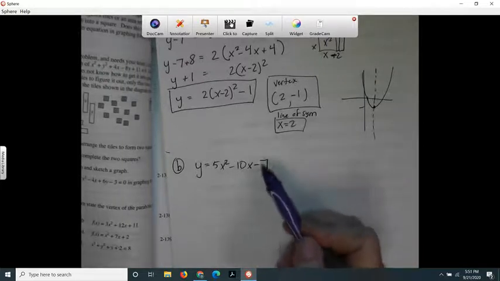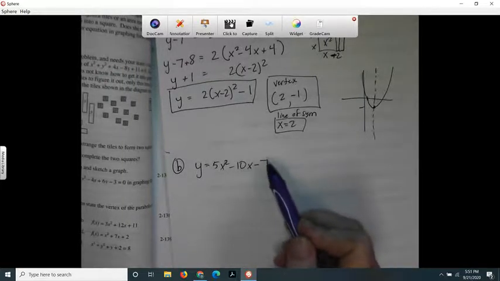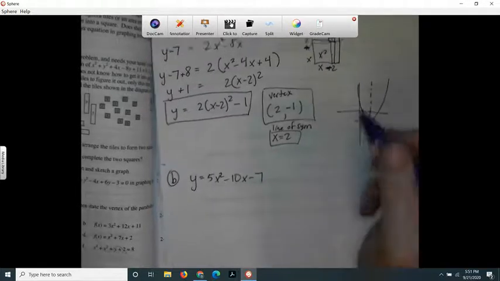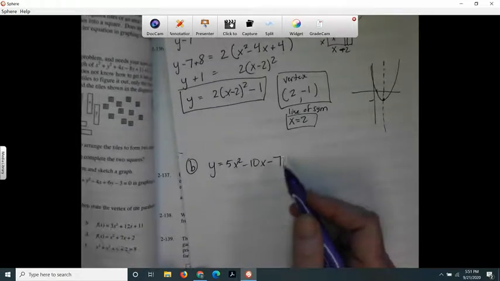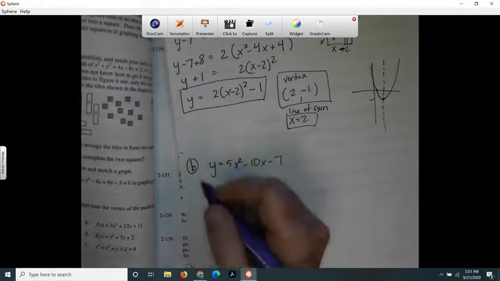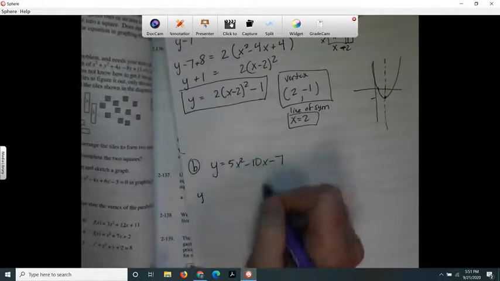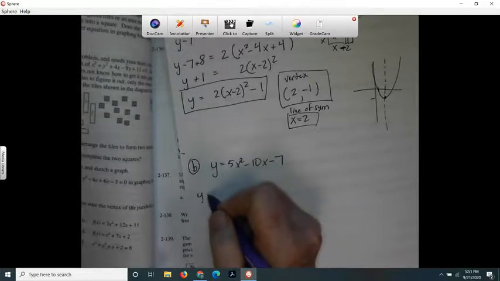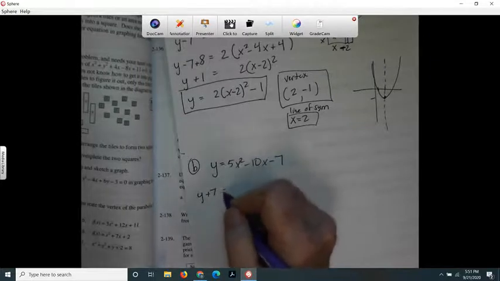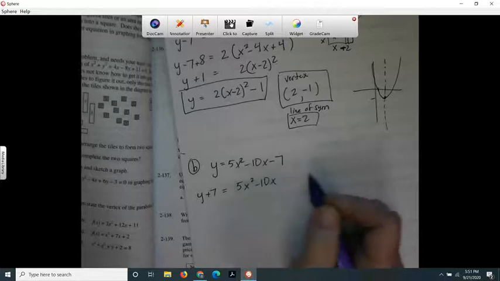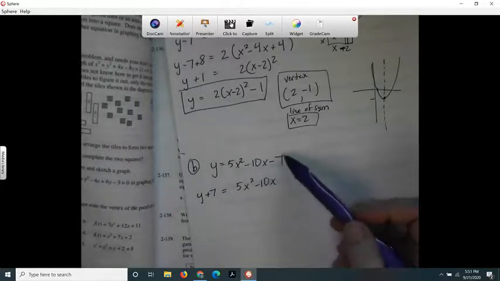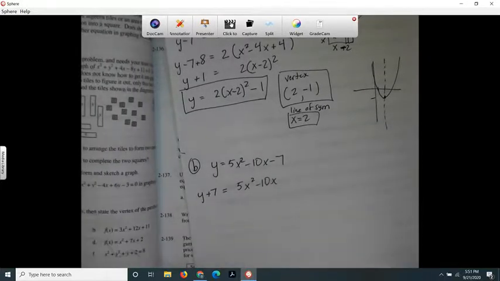Even though we might use some of these tiles, these are like these little guys. Let's just, to be neat and tidy, get them on the other side for now. Just make them all go over there. So I'm adding 7 to both sides. Okay, then that gives me 5x squared minus 10x. I'm just getting rid of these, putting them over there, getting them out of the way.